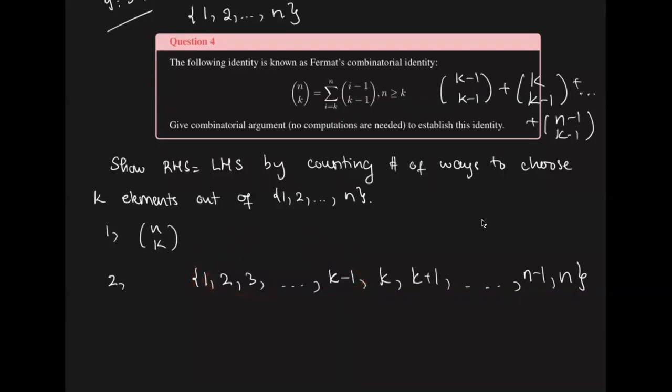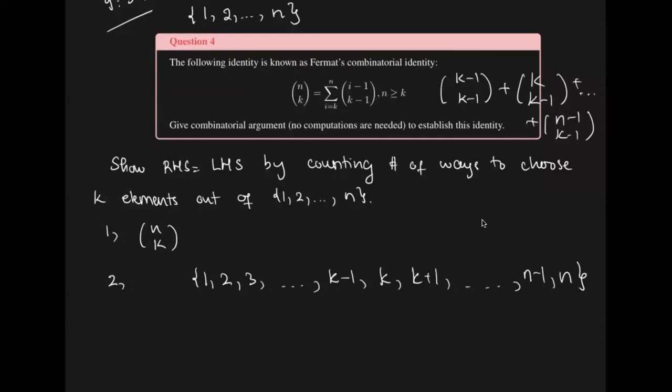So what can my k-th element be? It can be any of them on the right-hand side, right? And similarly, k choose k minus 1 means that we will have to choose k minus 1 items from this set.